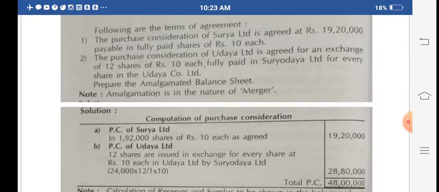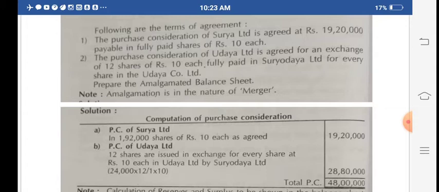So Surya Limited is going to be paid a lump sum amount, which is rupees 19 lakh 20,000. Next, the purchase consideration of Uday Limited is agreed as an exchange of 12 shares of rupees 10 each, fully paid in Suryodaya Limited, for every share held in Uday Limited.